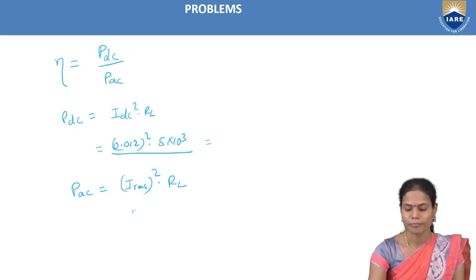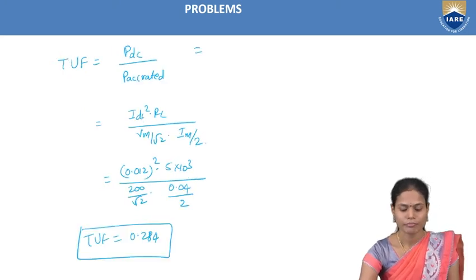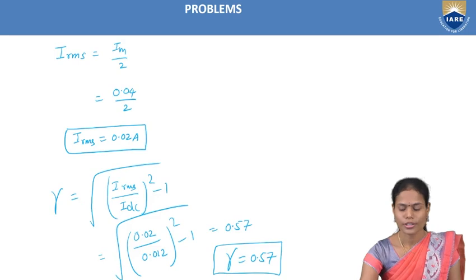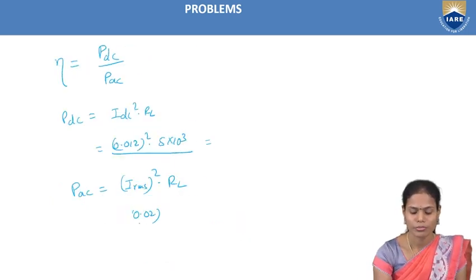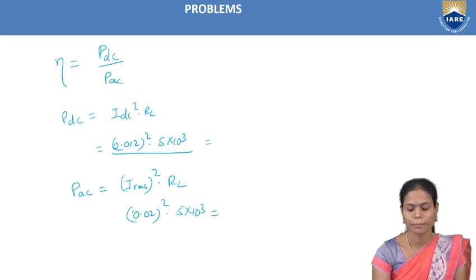That is the RMS value we got here, 0.02, whole square into 5 into 10 cube. We will get PAC.